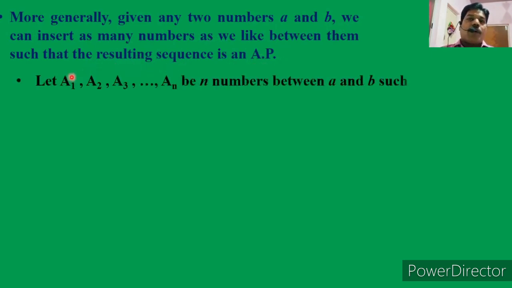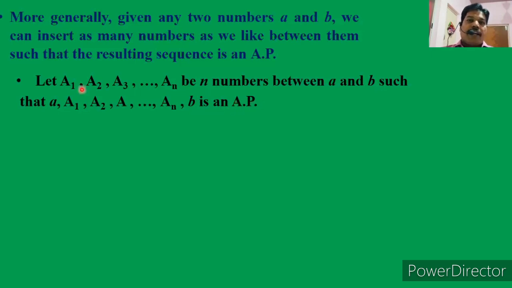So that's why, let A1, A2, A3 and so on, An be n numbers between a and b. That means we are inserting these n numbers between a and b such that a, A1, A2, A3 and so on, An, b is an arithmetic progression.